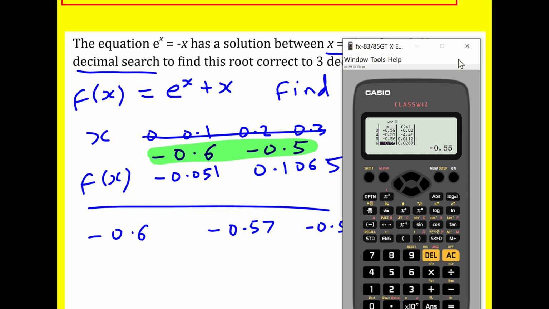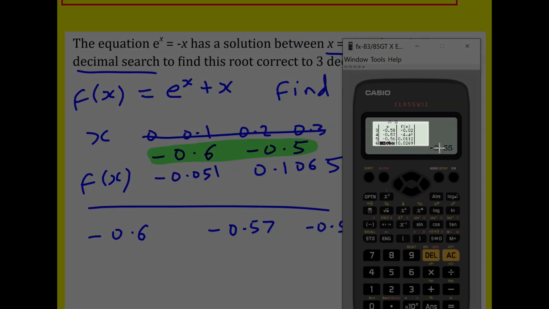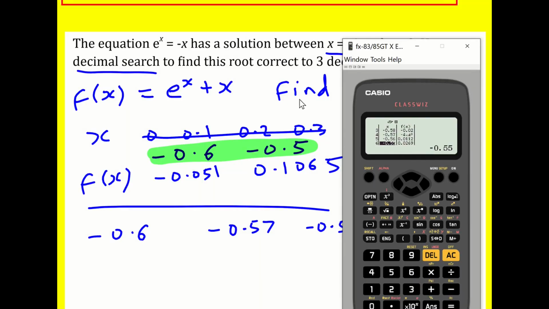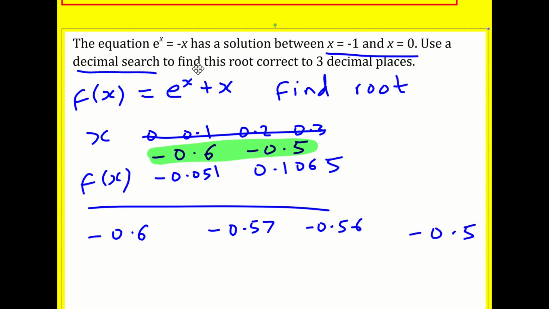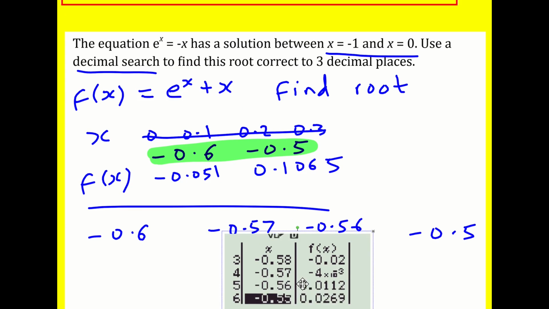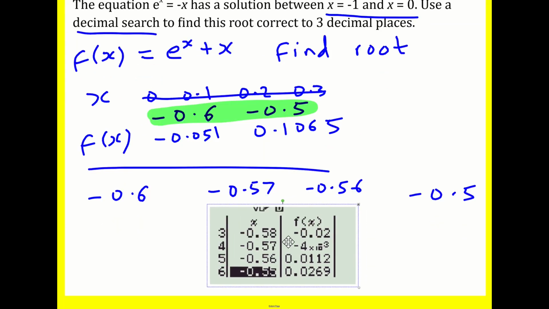I've got 0.0112. Do you know what? It's probably easiest if I just do a little screen grab. Okay, so I can now see that my solution is going to be between these two values. I'm narrowing it down using this decimal search.